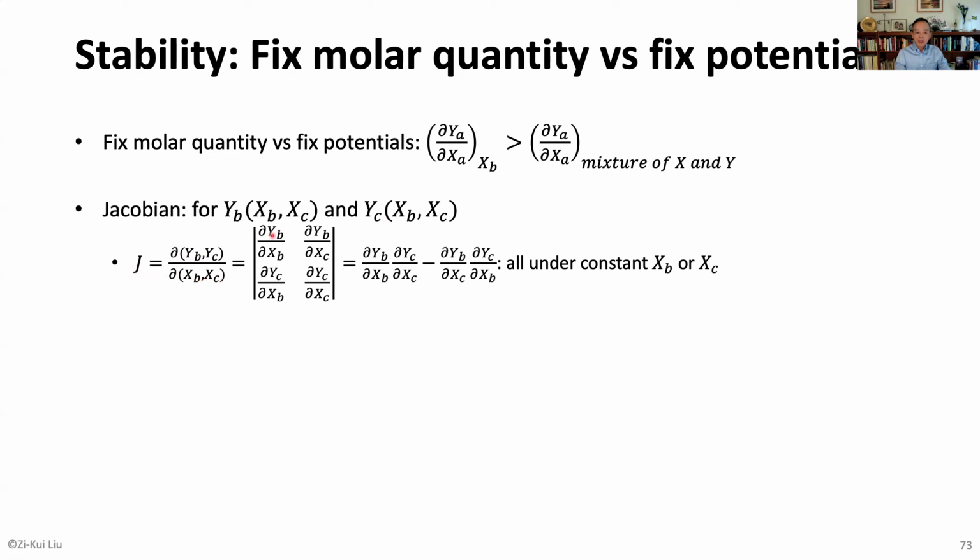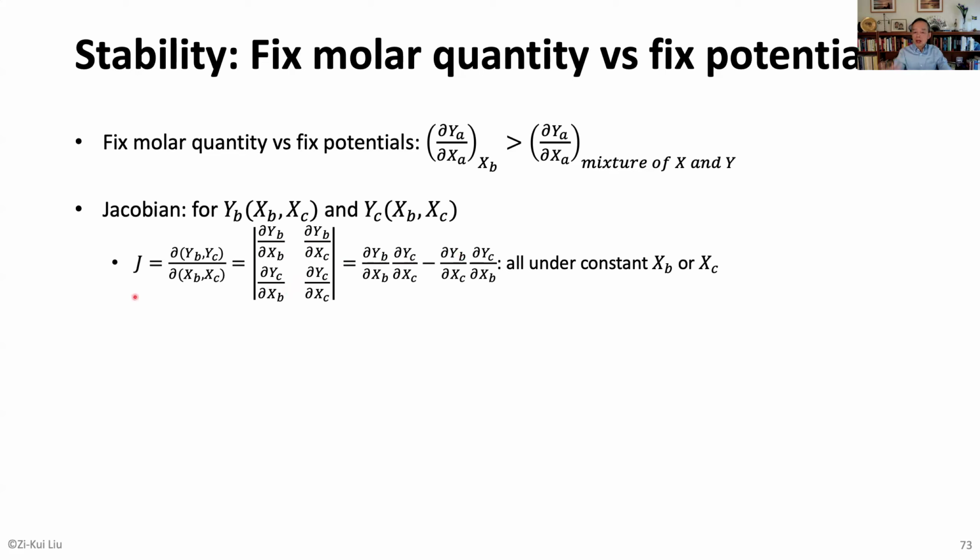So it's YB to XB, YB to XC, two variables, two derivatives. Then you have YC to XB and YC to XC. So we can solve this matrix. We get a determinant: this one times that one, so YB_XB times YC_XC minus YB_XC times YC_XB. This is called the Jacobian.